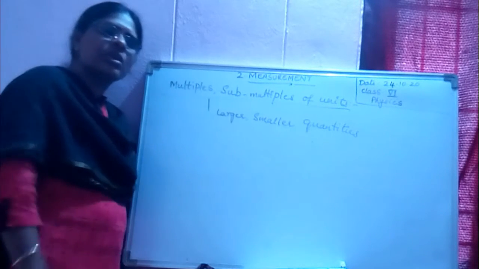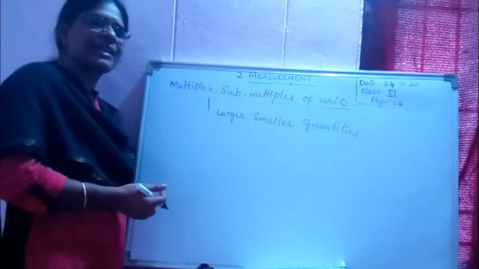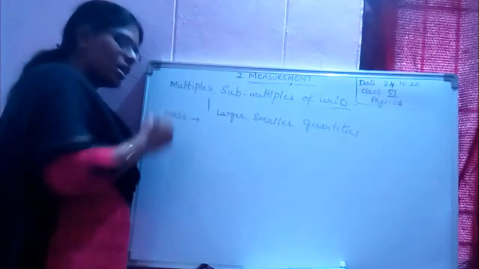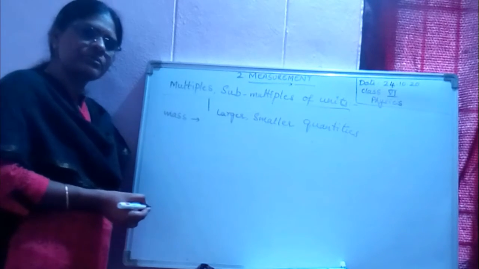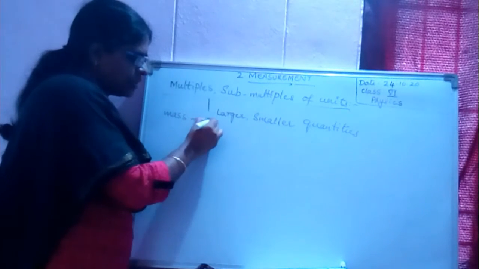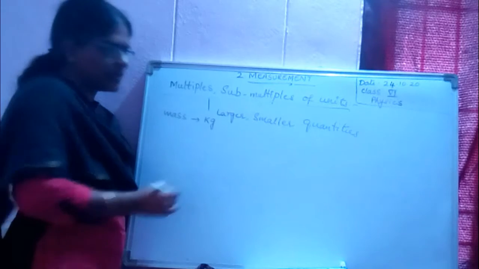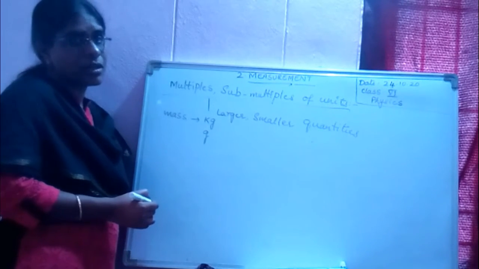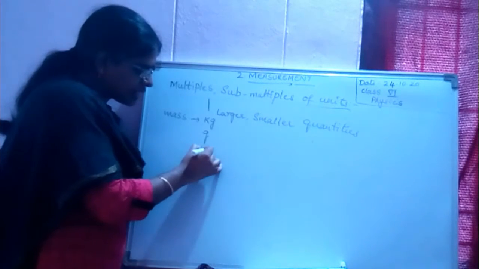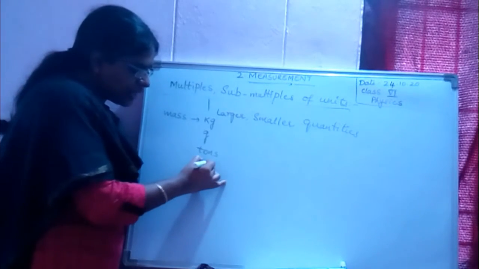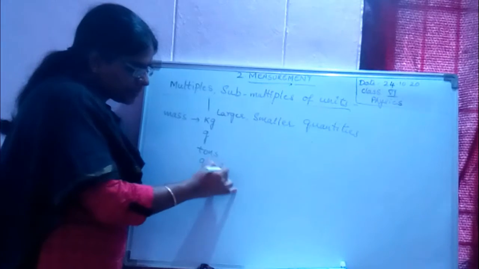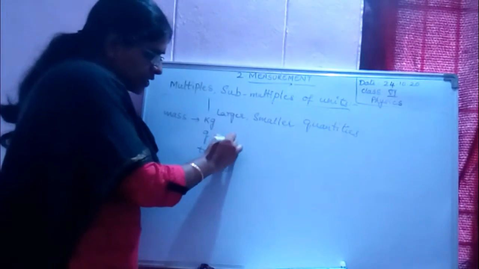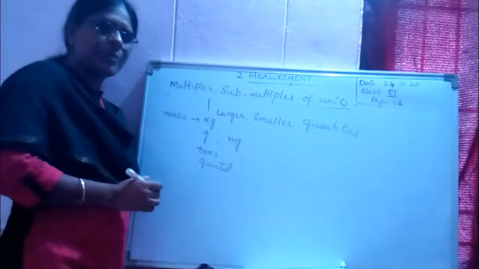Larger or smaller quantities means, suppose, let us take our best example, mass. How do we measure mass? Kg, that is kilogram, or gram, or you have seen tons, quintal. Sometimes you have seen mg. What do you mean by mg?